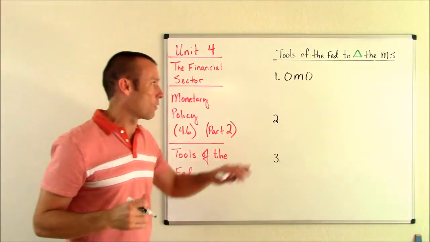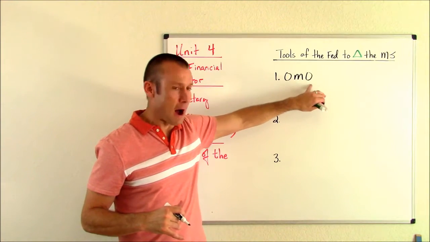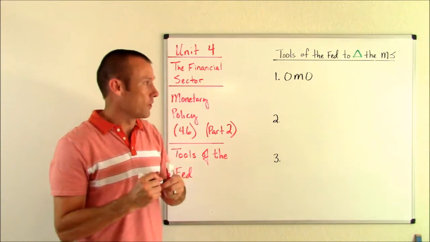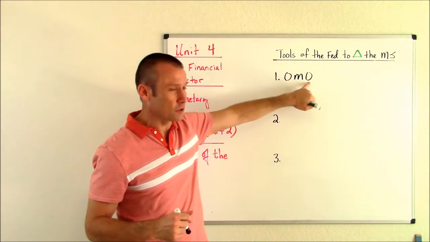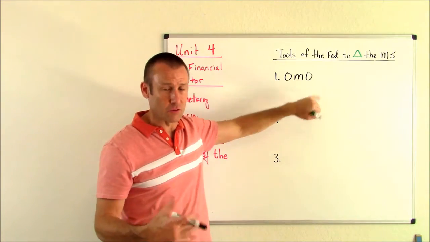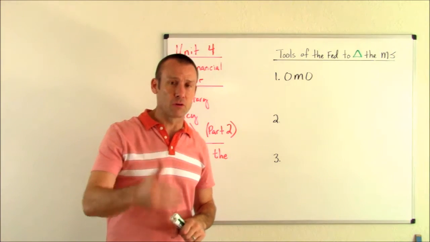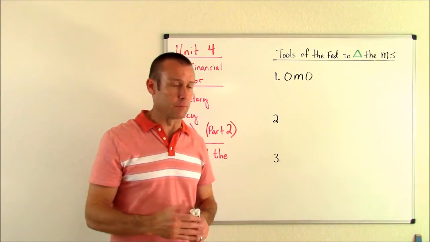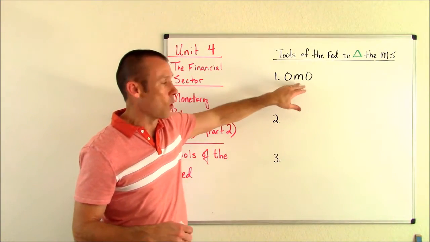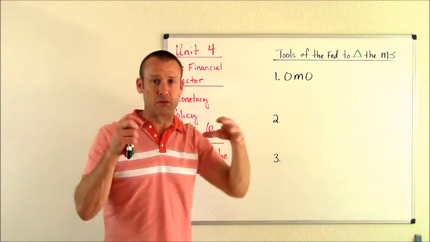What does that stand for? Open market operations. In other words, open market purchases or sales of assets. And what assets are we talking about? U.S. Treasury bonds most of the time.